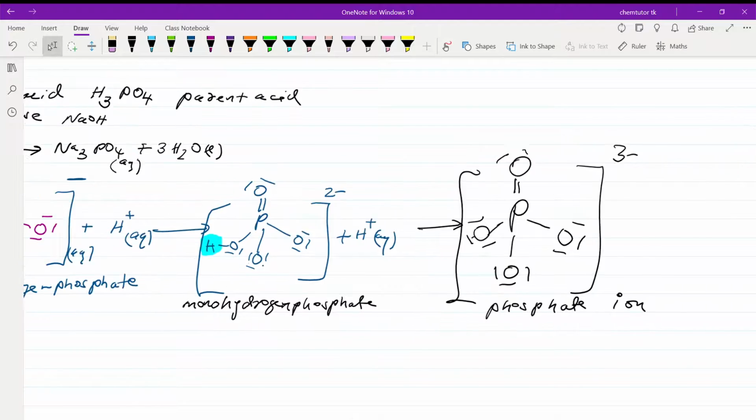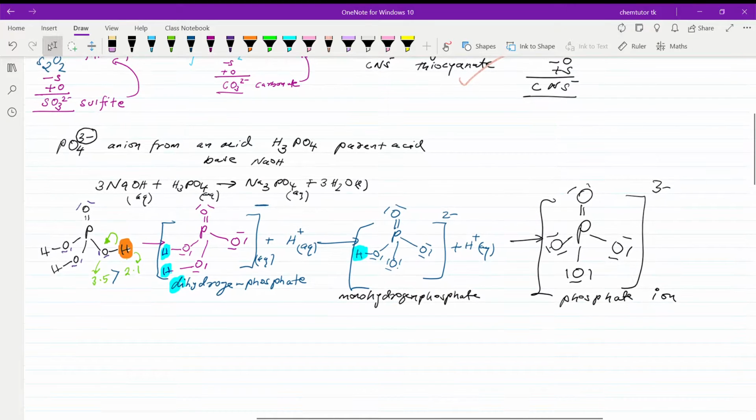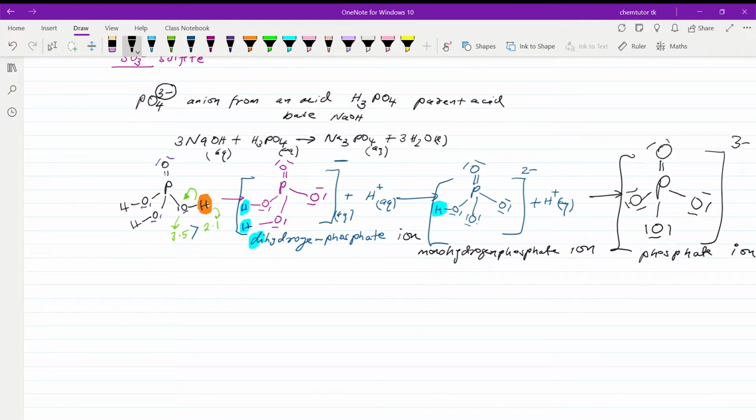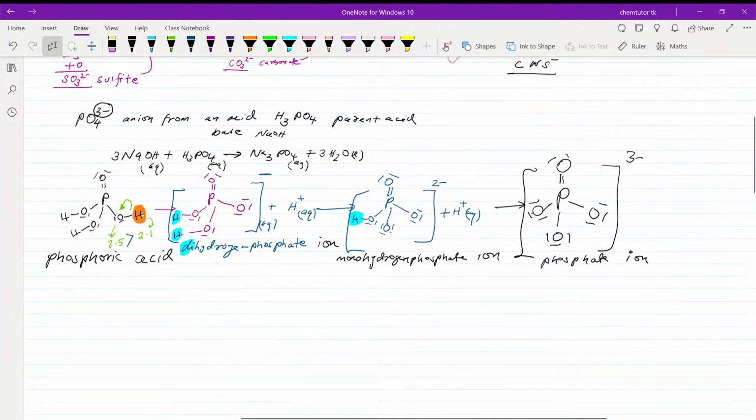Okay, so this is a phosphate ion. The rest are all ions too. So dihydrogen phosphate ion. This is phosphate ion, monohydrogen. But the original one is phosphoric acid. So this is phosphoric acid.